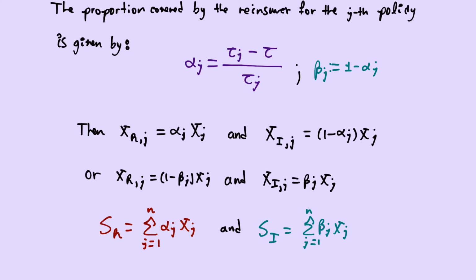The random variables that we are interested in are SR, the sum from j equal to 1 to n of alpha j times xj, and SI, the part of the total amount that the insurance company will have to cover, which is the real one we are interested in: the sum over j equal to 1 to n of bj times xj.